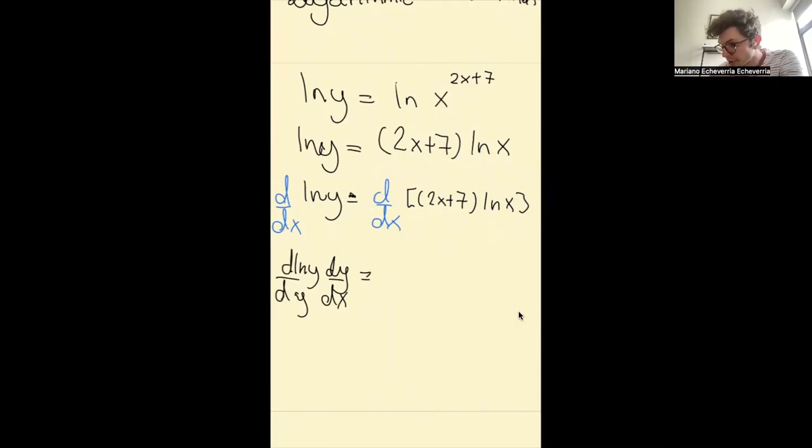So if you use the product rule, it is the derivative with respect to x of the first factor times the second factor, right? Plus the first factor times the derivative of the second factor. Okay? So that's what the product rule says.